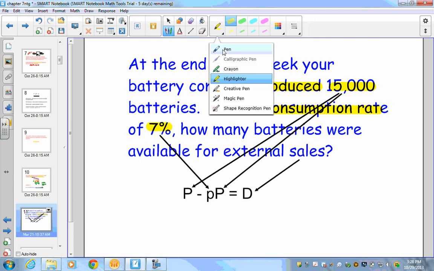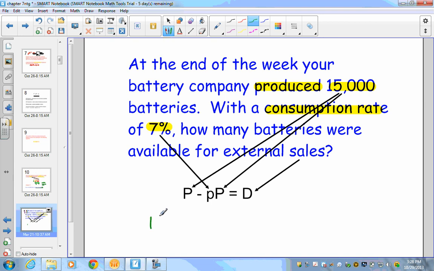So when we solve for this, it's going to be 15,000, and remember I'm writing with my mouse here, minus 0.07, remember convert that to a decimal, times 15,000 equals D. Okay. Now from here, you're not really solving for anything when it comes to algebra, like substituting or anything.